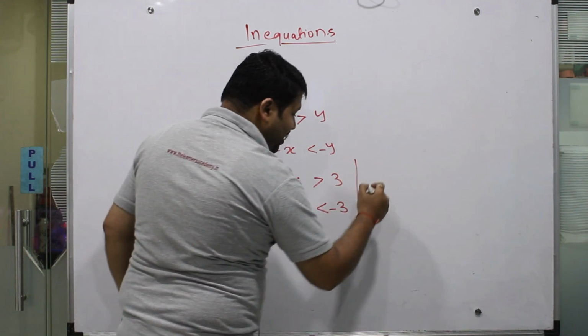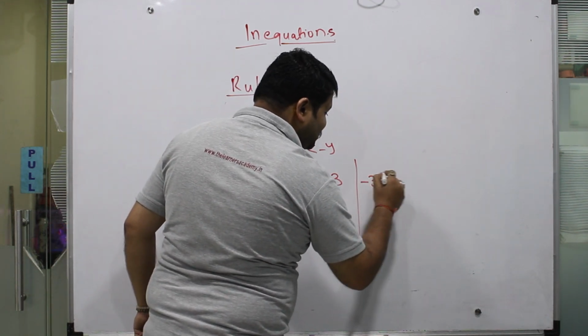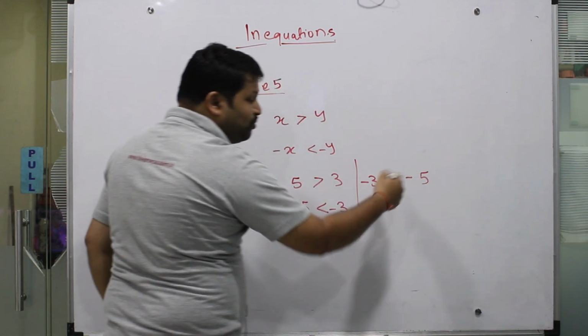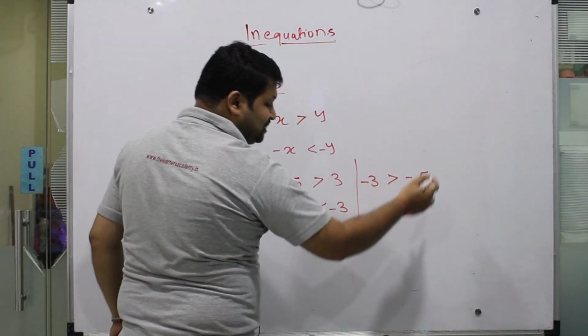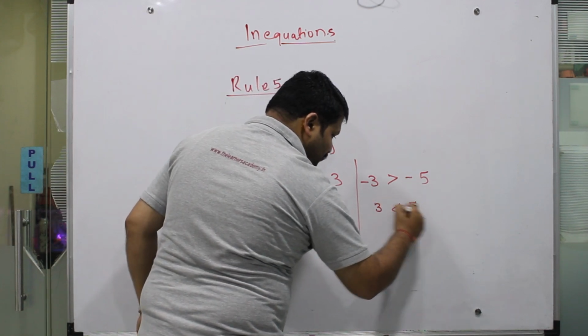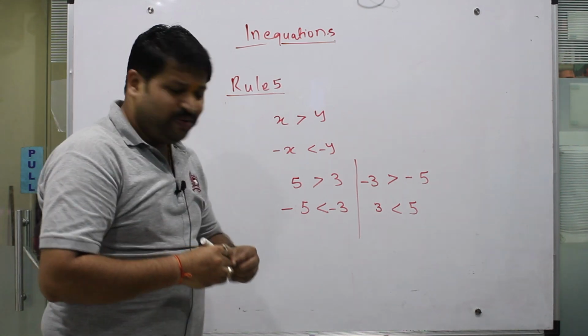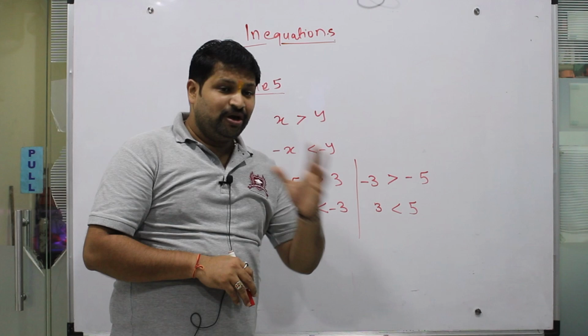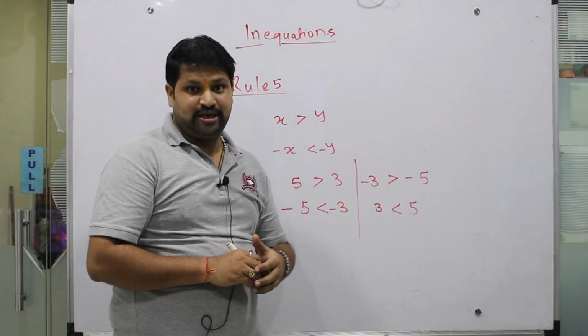Same way, if I have -3 is greater than -5, दोनों को मल्टीप्लाई किया -1 से, दोनों के साइन चेंज कर दिए मैंने, तो I get 3 is less than 5. Okay, so it will give me a logical idea कि हो क्या रहा है यहाँ पर.